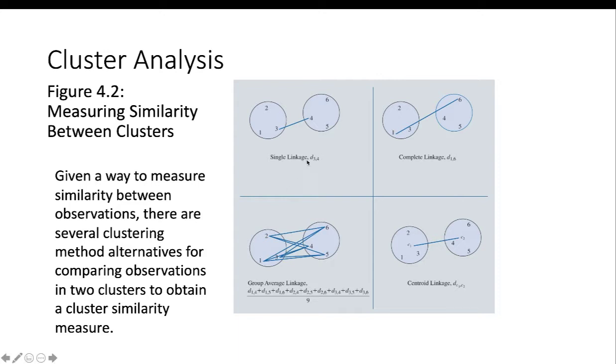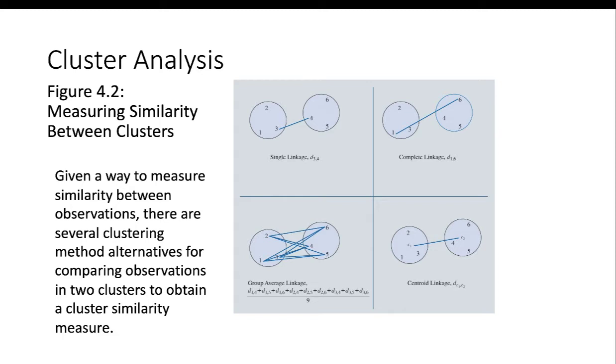So far, you notice that the single linkage and the complete linkage methods define between cluster similarity based on a single pair of observations in two different clusters, either most similar or least similar. In contrast, the group average linkage clustering method defines the similarity between the two clusters as the average similarity computed over all pairs of observations between the two clusters.